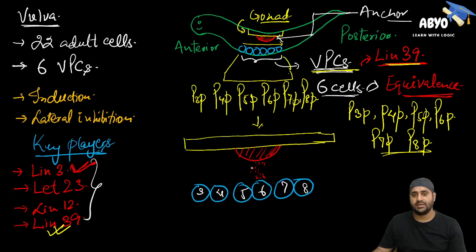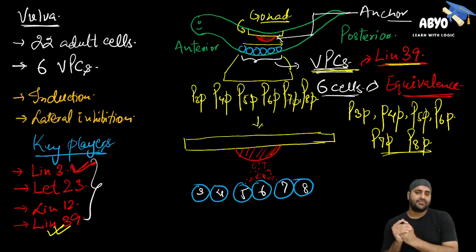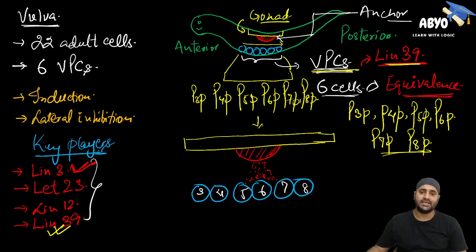The fate is decided by the relative concentration of Lin3 protein that is distributed among the different VPCs. You can see that cell number 6, which is P6P, receives the maximum concentration of lin-3 protein, right?